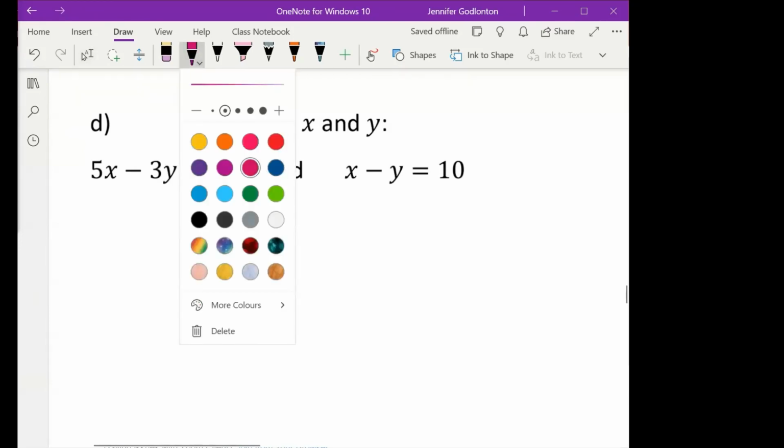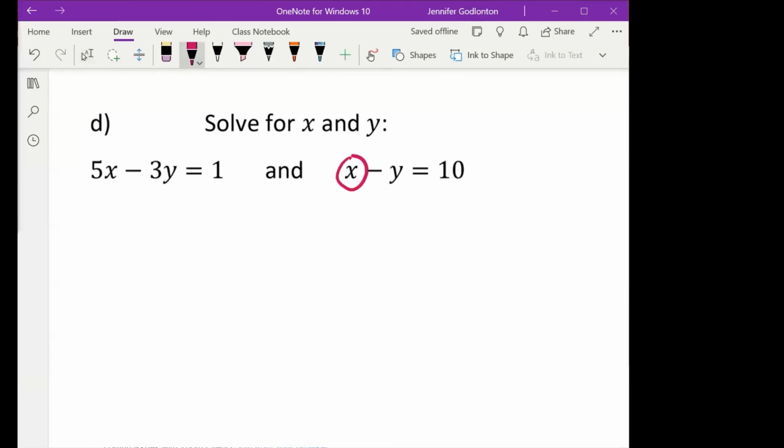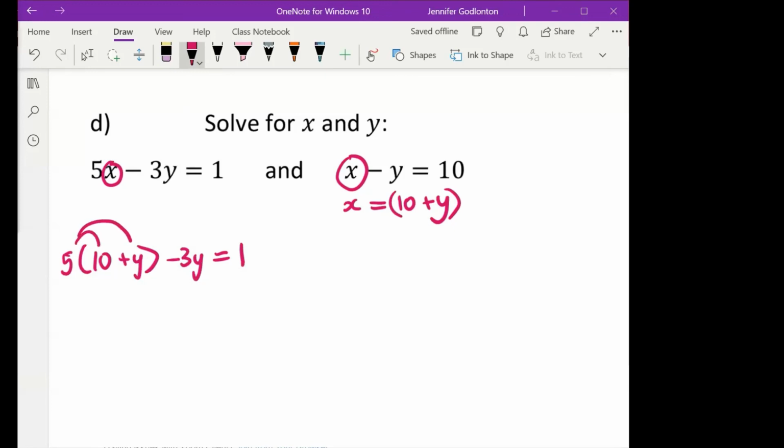So in this case, the easiest one to isolate would be our x over here. So we're going to say x is equal to 10 plus y. Okay, and I'm now going to put that x over there. So I've got 5 times (10 plus y) minus 3y equals 1. I'm going to substitute my 5 in.